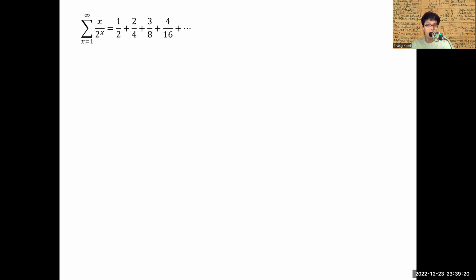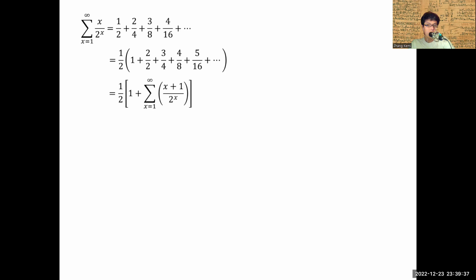to infinity. And we can see from here that we can just factor out half, and within that bracket, we have 1, 2 over 2, 3 over 4, 4 over 8, 5 over 16, etc. And the next step, very quickly, we can just take out half.